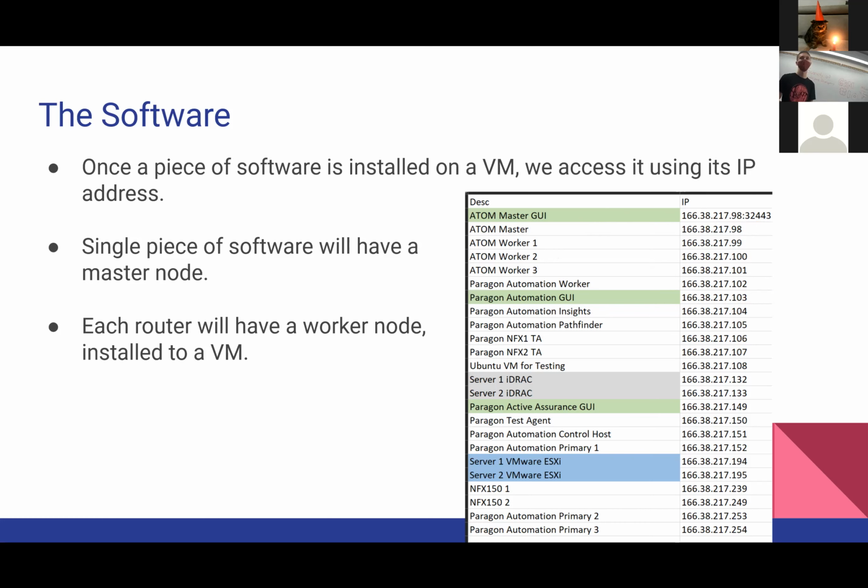Almost all the software runs in a browser, so you type the IP address into the address bar, you get the graphical user interface, and then you log in. You set the credentials when you're installing the software.